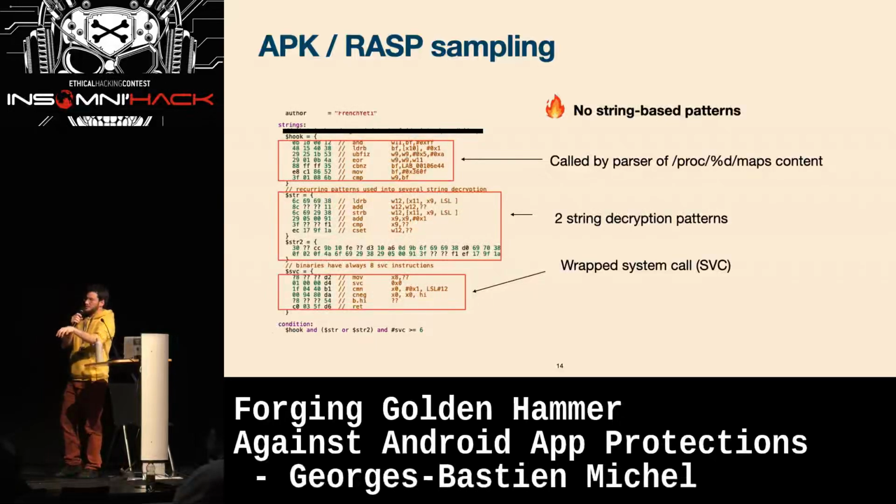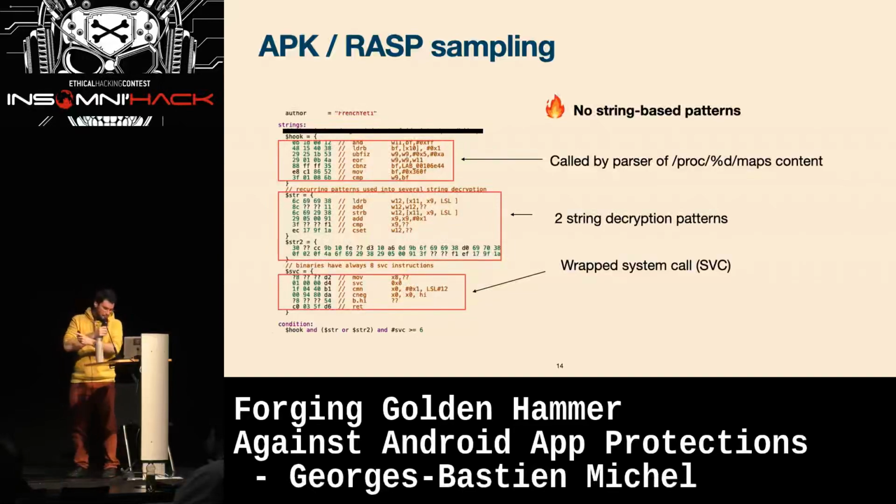So most system calls are inline, but the system calls are often wrapped into another function. So we can identify an SPT by the count of wrapped SVC.